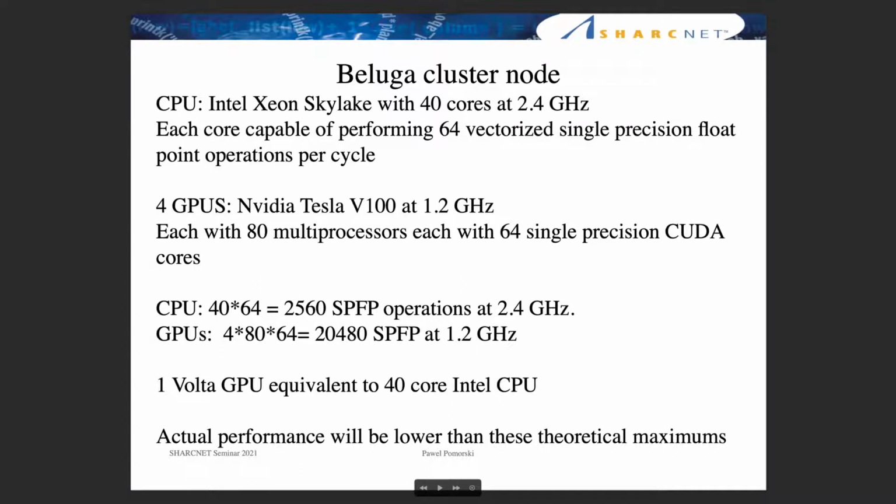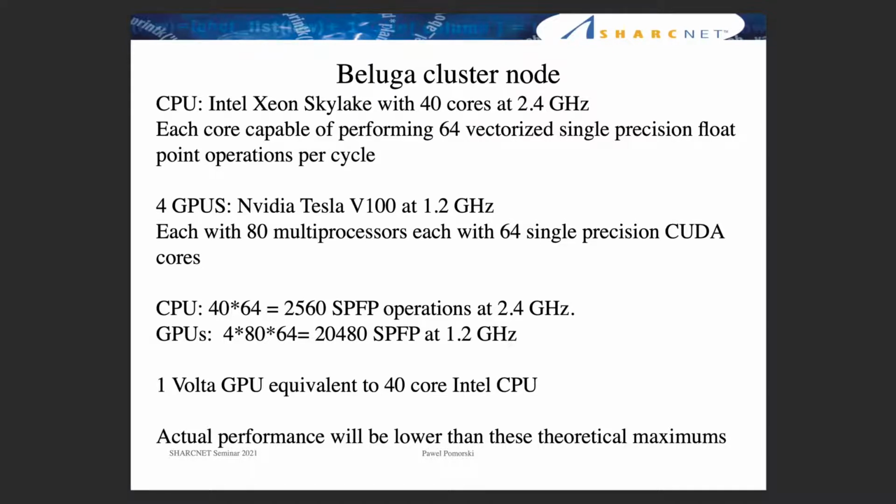So overall, we can conclude from this that just in terms of theoretical maximum, how many floating point operations you can do, 1 Volta GPU is equivalent to the entire 40-core CPU. But because there's 4 GPUs inside the node, it's actually 80% of the computational power of the node comes from the GPUs in this case.